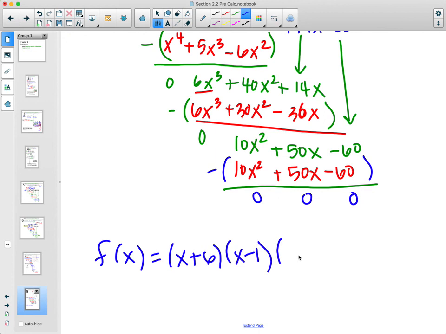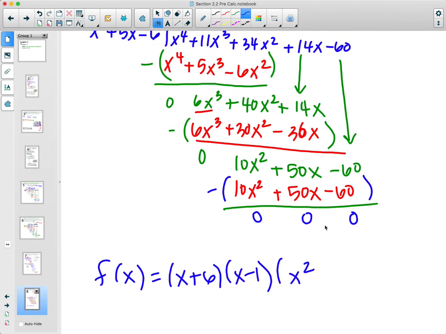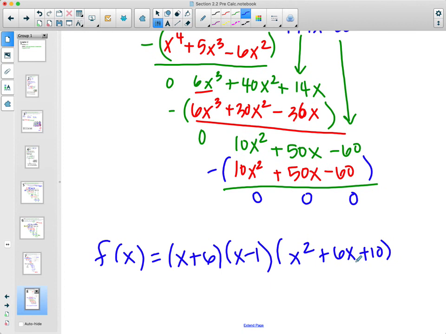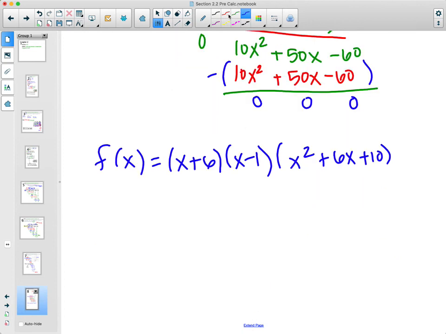And now we're left with x squared plus 6x plus 10. So this is the part that's producing the imaginary solutions. Because this one gave me the negative 6, this one gave me the 1, we need to deal with this.